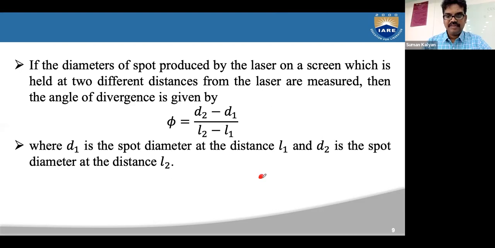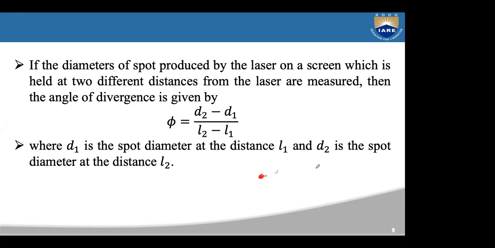If you increase or decrease the distance from the screen, without any grating or slit, the diameter of the spot increases or decreases, right?